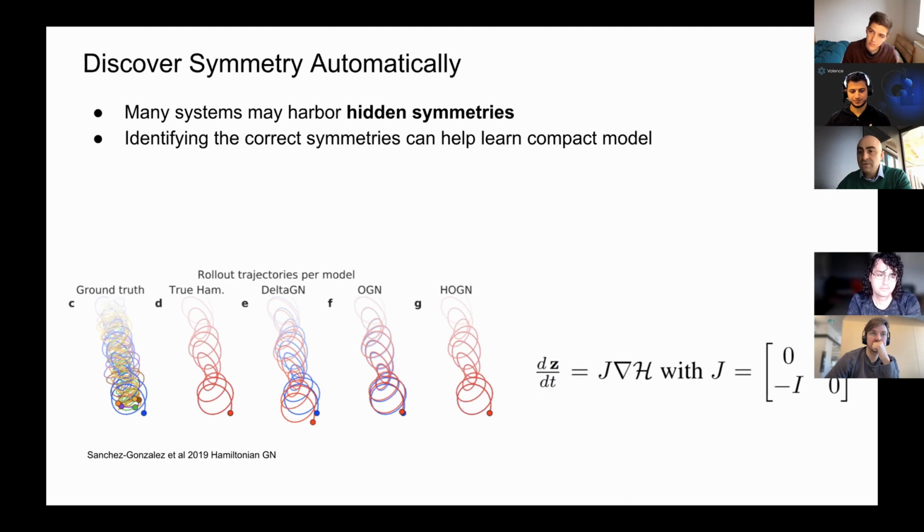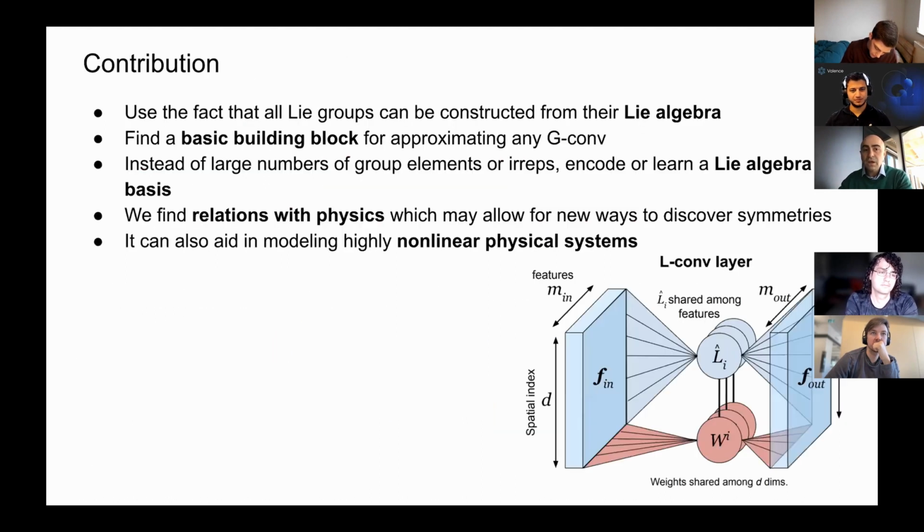It was rather trying to go through the math and see what is the simplest building block that could, first of all, create the other group equivariant neural networks that people have constructed. And secondly, could it be simple enough that it would allow us to learn symmetries potentially? And that is basically what we think we came up with.